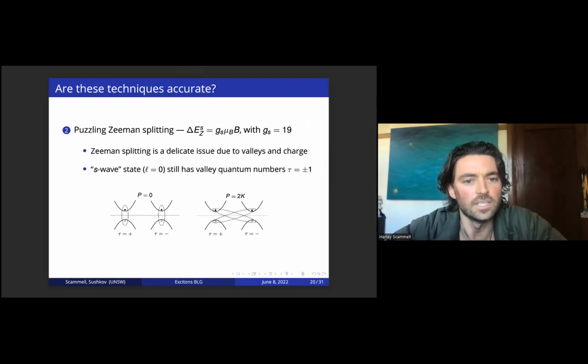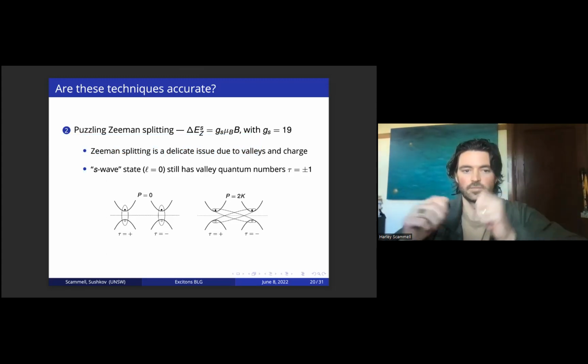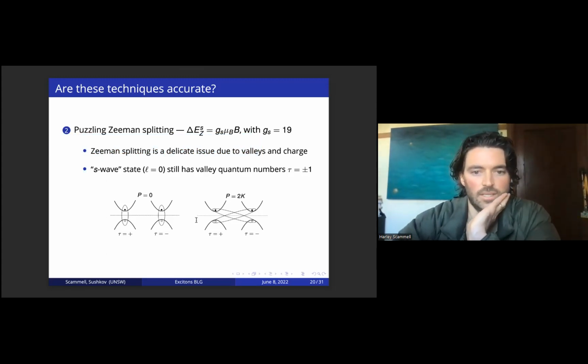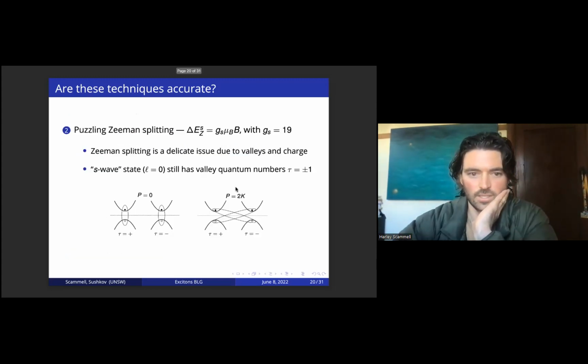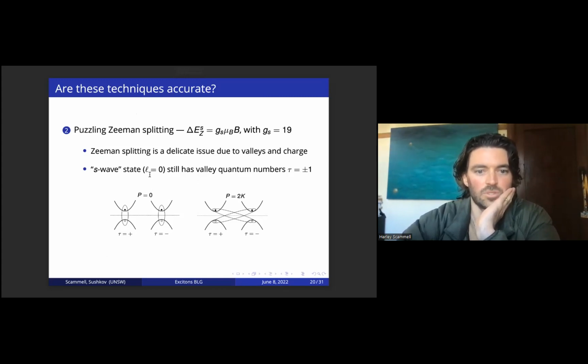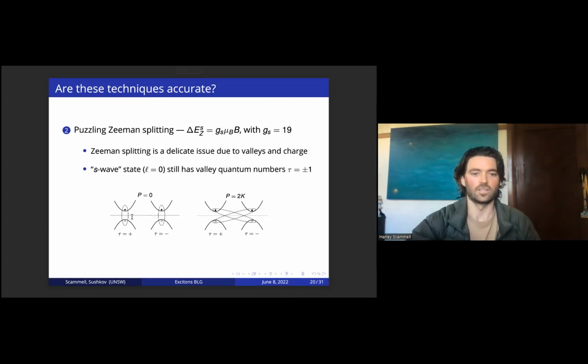Now there's this puzzle of Zeeman splitting. There's a delicate issue because of valleys, and also because there are positive and negative charges. But let me just say that what I'm calling S-wave in this previous slide, these black points, are L equals 0, but this is in quasi-momentum. This is the L of a given valley.